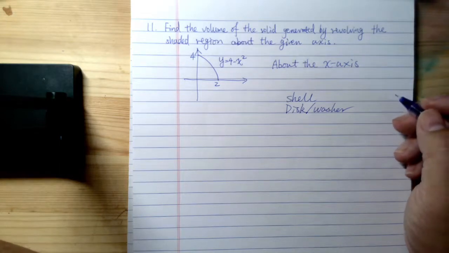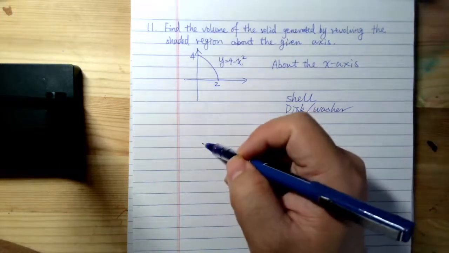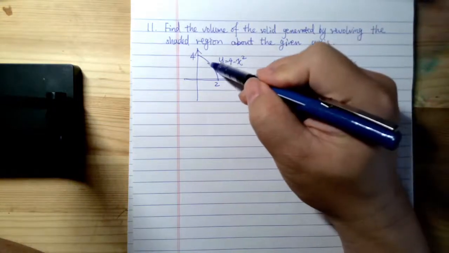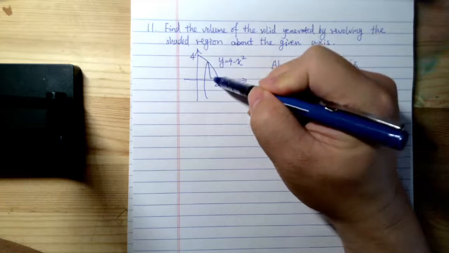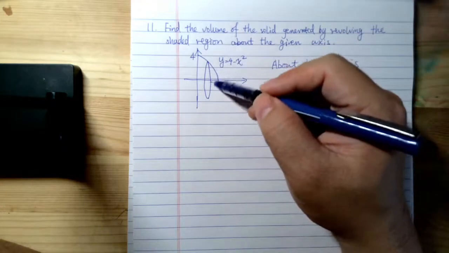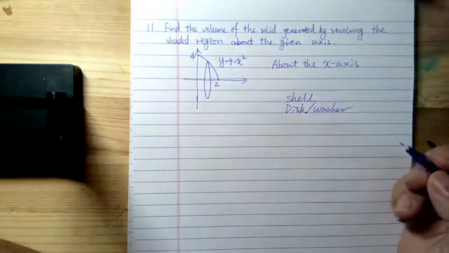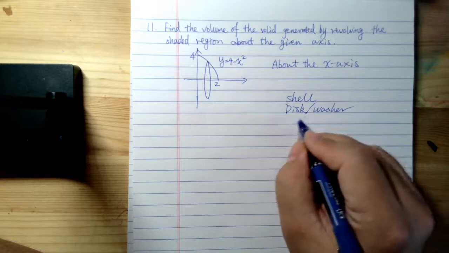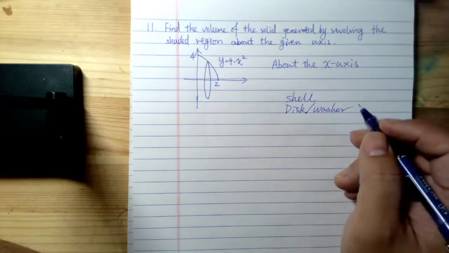So in this problem, since I'm revolving about the x-axis, if you draw a cross section for this, you will see that the cross section is a disk. So it might be easier to use the disk method to solve this problem.